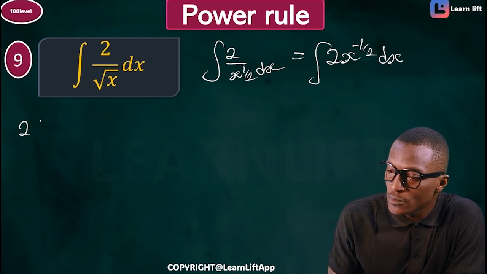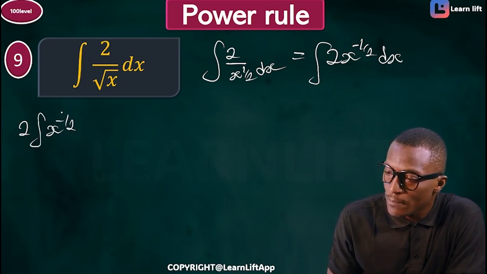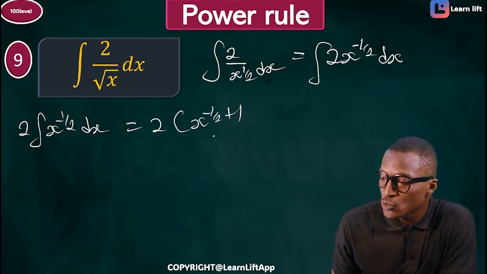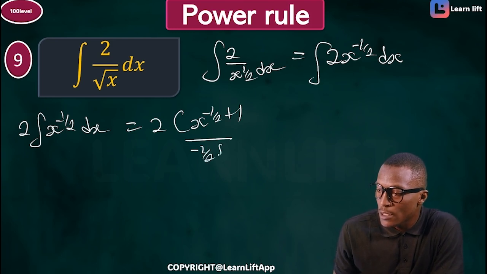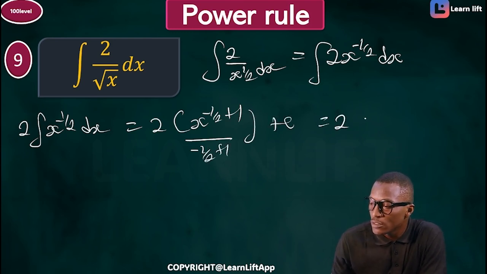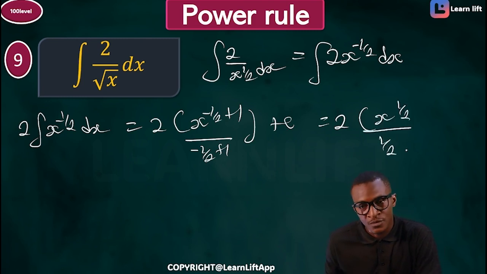That becomes 2 into x raised to power minus half plus 1 all over minus half plus 1 plus c. That will give me 2 into x raised to power half all over half. Is that correct? Bracket close plus c.